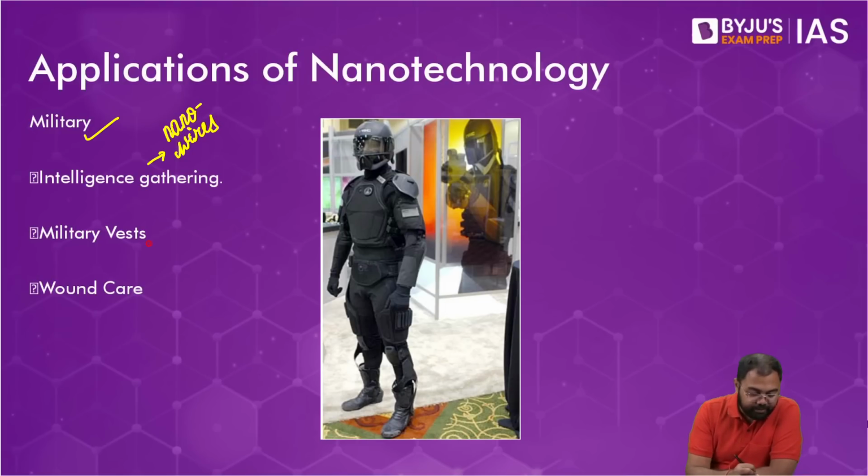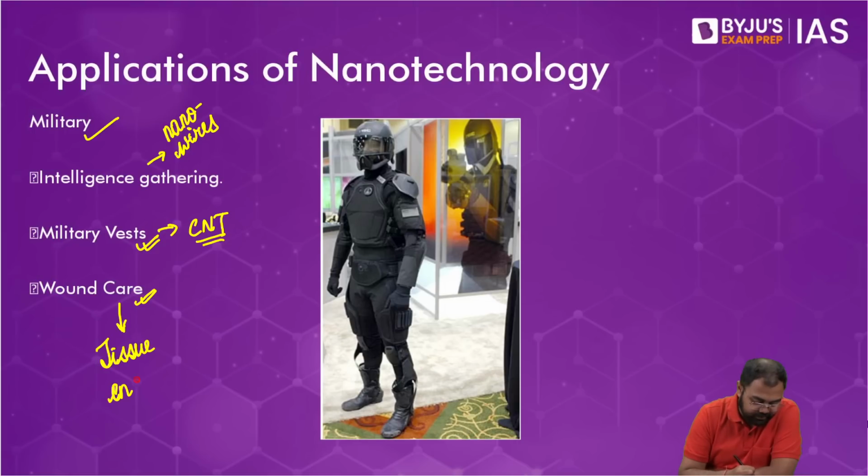Similarly, in making military vests, carbon nanotubes can be used, because they'll help us in making lightweight, stab proof, or bulletproof clothing. So that's why they become useful from that perspective. And in wound care, as we discussed about tissue engineering, tissue engineering becomes very, very crucial in this particular scenario.